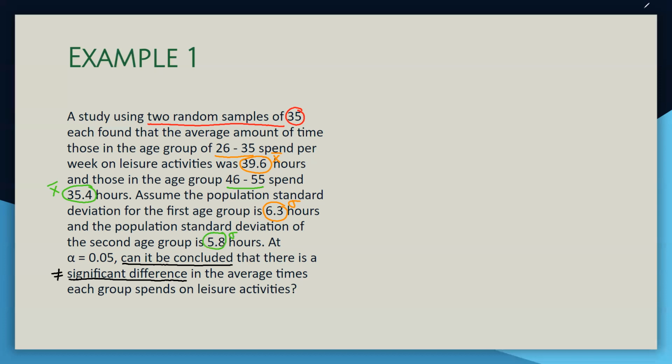So I'm going to organize all that information that I was given. So I was given information about sample size, sample mean, and population standard deviation. And I was given that for 2 groups, 26 to 35 years old, and I'm going to call that my group 1, and then 46 to 55. I'm going to call that group 2.